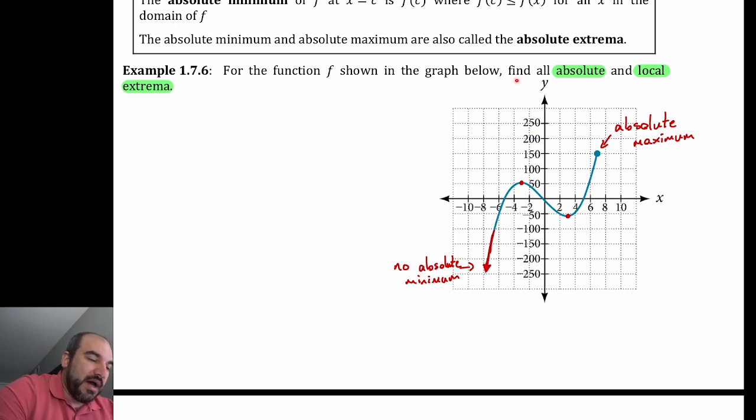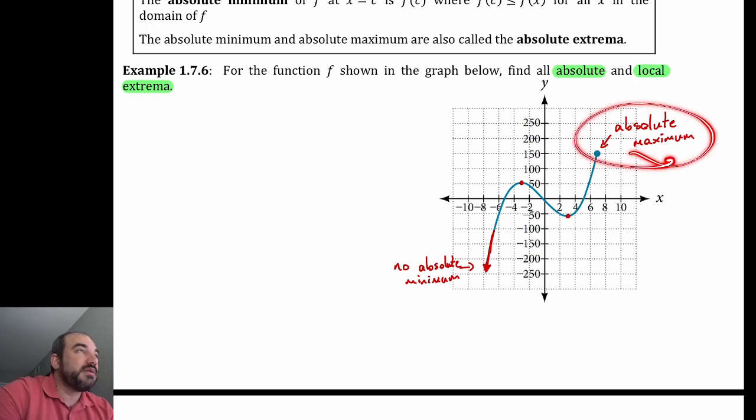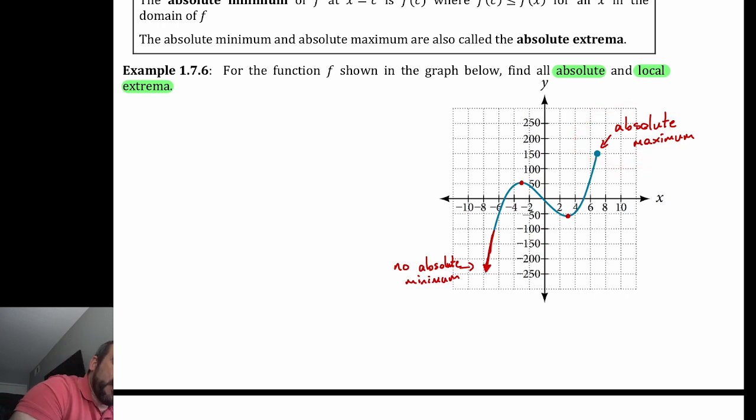Now, when it says find all absolute extrema, that doesn't mean this, right? I'm just showing you where it is. This is not finding it. It's not like, oh, here it is. You have to write down the absolute max and write down what it is, the absolute min.